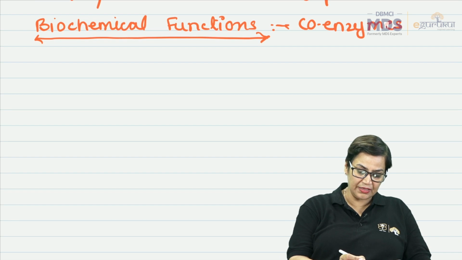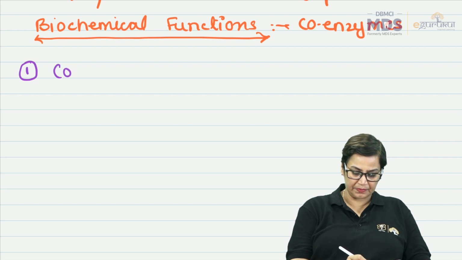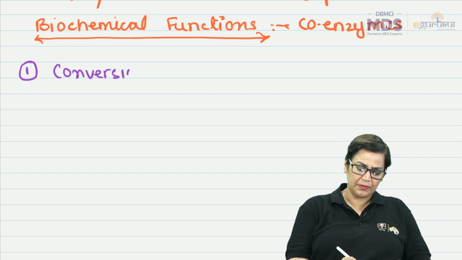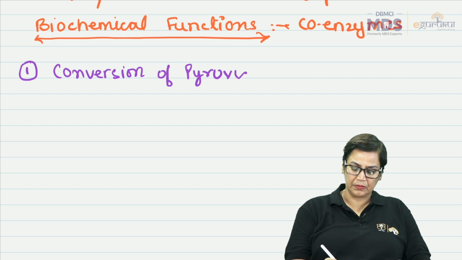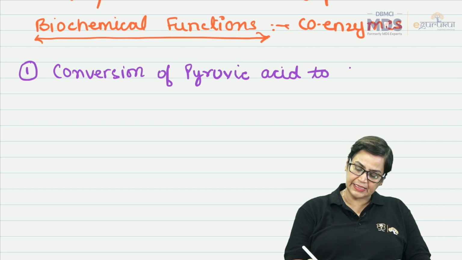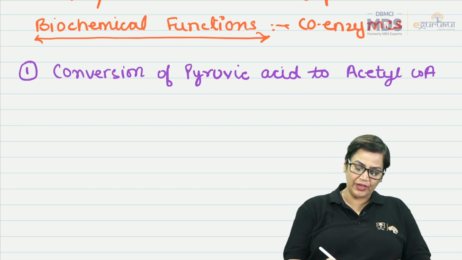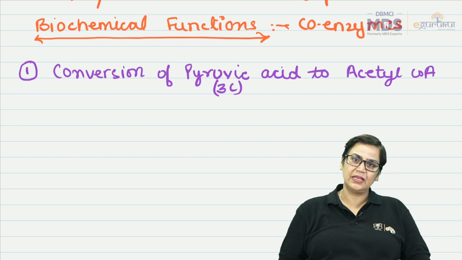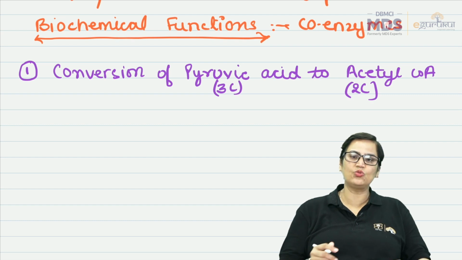So the first reaction is the conversion of pyruvic acid to acetyl coenzyme A. A very important one-step reaction: pyruvic acid, which has 3 carbon atoms, gives out 1 molecule of carbon dioxide to form acetyl coenzyme A, which has 2 carbon atoms.